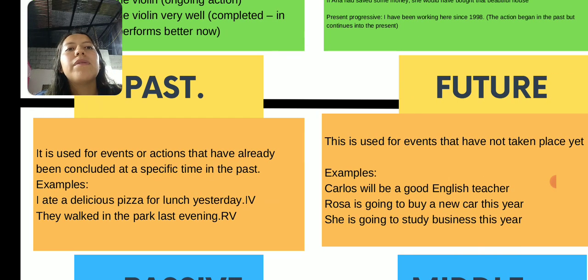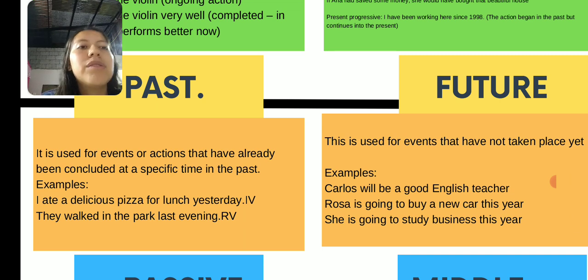And another subdivision of tense is the future. There are constructions with the auxiliary will or going to. This is used for events that have not taken place yet. For example, Carlos will be a good English teacher. We are talking about the future in these sentences.